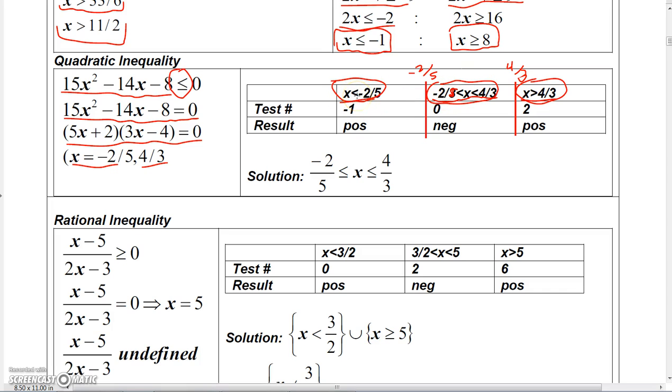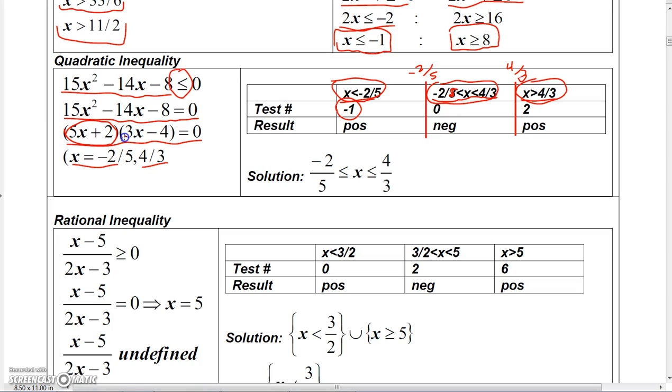So find a number less than negative 2/5. Don't make it too difficult. How about negative 1? Now if I plug negative 1 into this expression, you can plug it into the non-factored form, or you can plug it into the factored form. I like to plug it into the factored form because I know what the signs are going to do when they multiply together. So if I plug negative 1 into this term, I get negative 5 plus 2, which is negative.